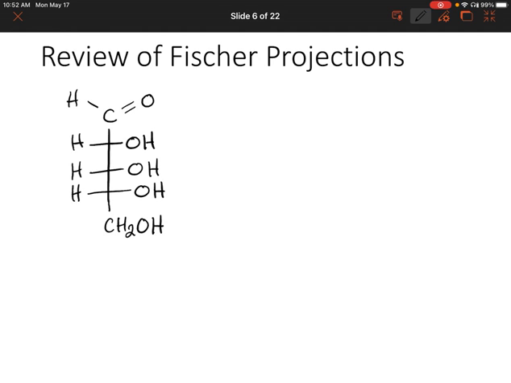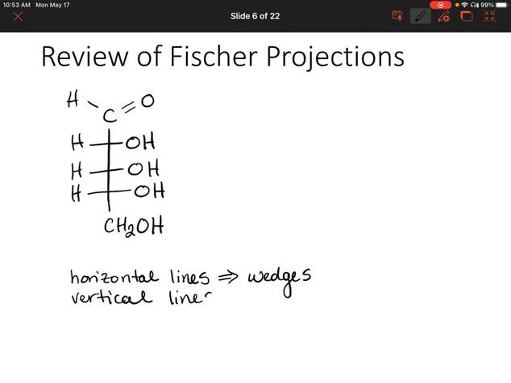Okay, remember when we're drawing Fischer projections, horizontal lines can be drawn as wedges, and vertical lines can be drawn as dashes.